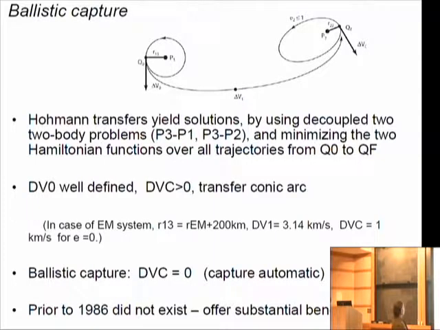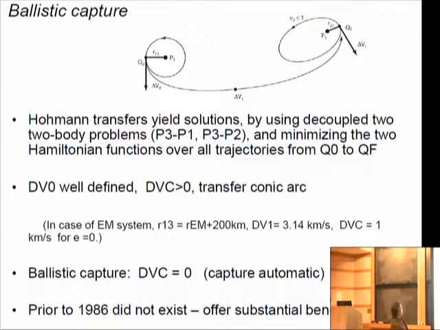That's what motivated me years ago, in 1986, as a matter of fact, when I was working at the Jet Propulsion Lab. And typically, prior to that time, the way these routes to the Moon were found is you view this as decoupled two-body problems.